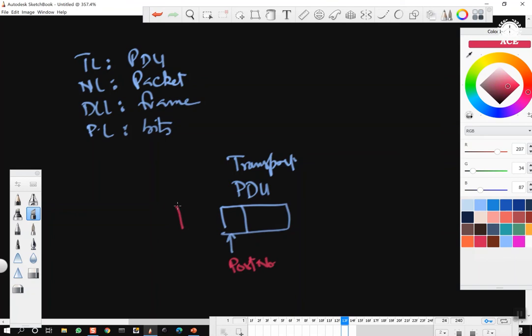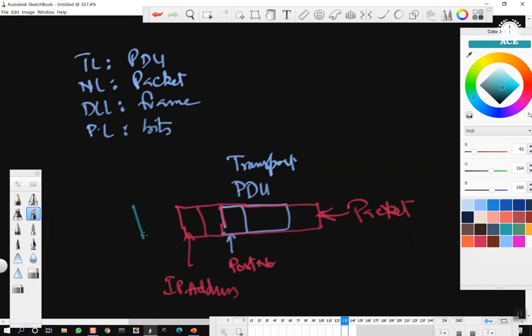This will be encapsulated in a packet. Now this is the packet, and it will have what we call the IP address. So the IP address will encapsulate the transport PDU. And then finally we have the frame encapsulating everything.